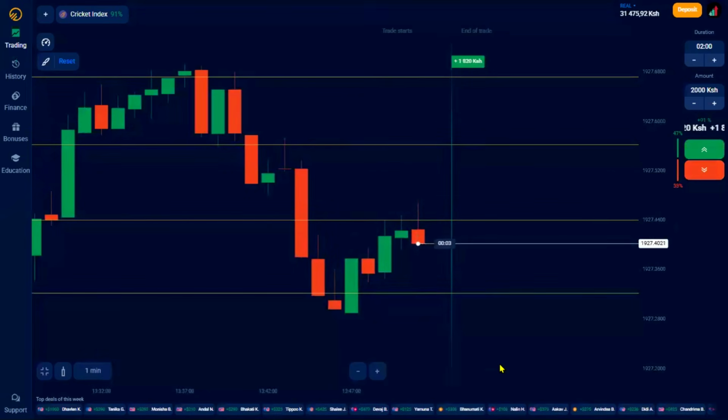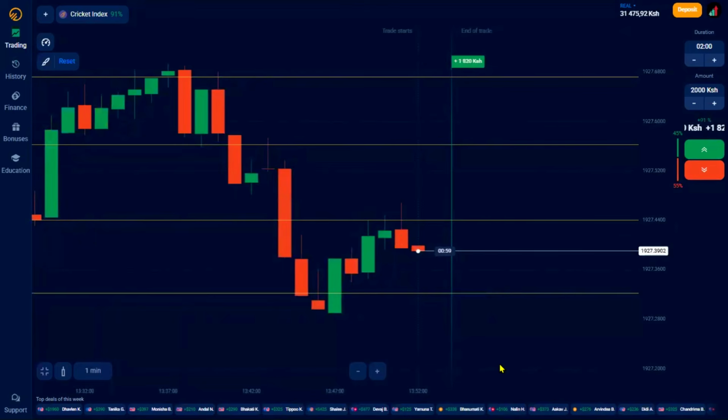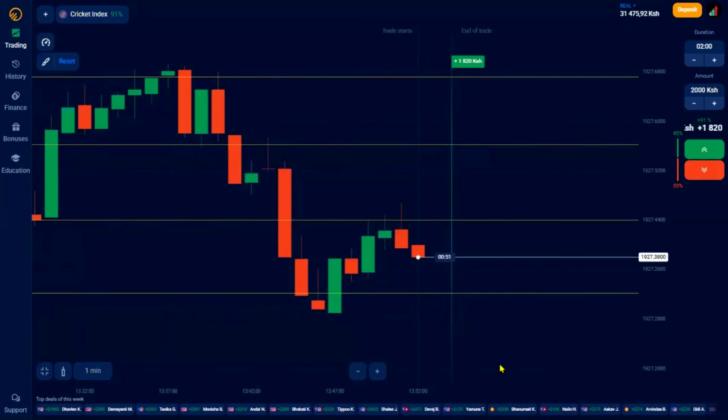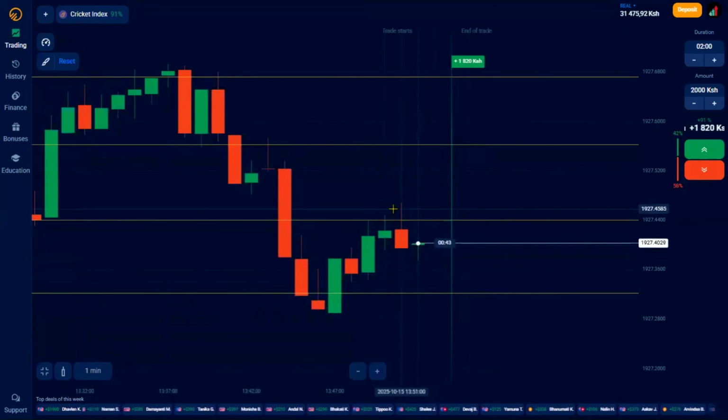And as you can see, they have failed to break that zone. So that is not a breakout, all right? It should be called a breakout only when the candlestick body closes outside this zone. But you can see we only have the wick, so that is not a breakout.